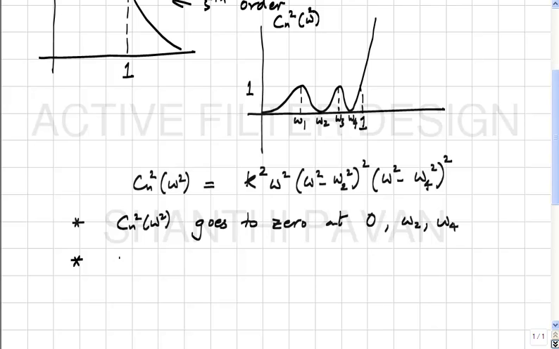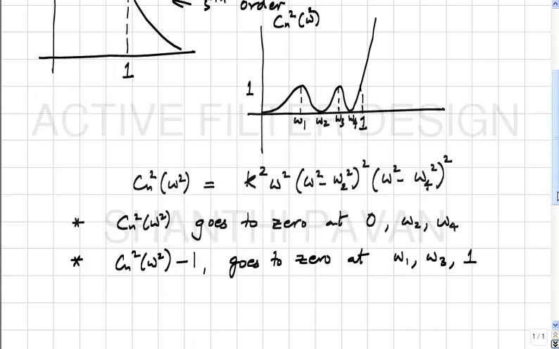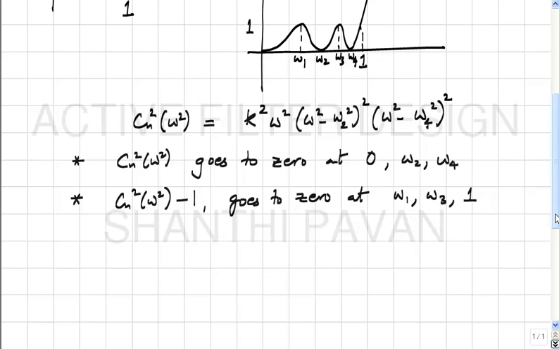We also need Cn square of omega square minus 1 to go to 0 at omega 1, omega 3 and 1. Now, this is where I would normally stop.